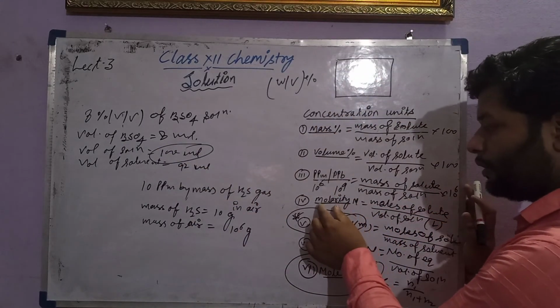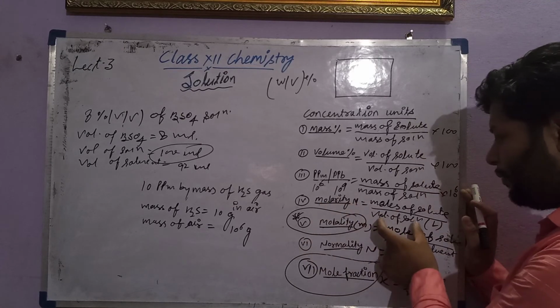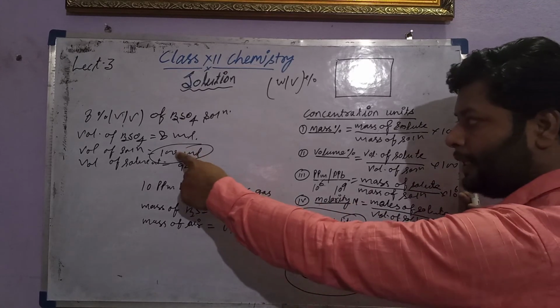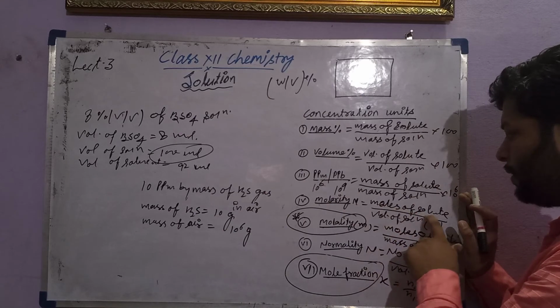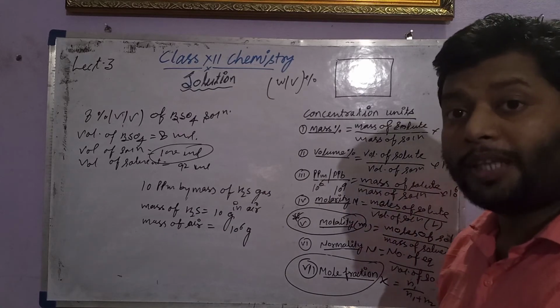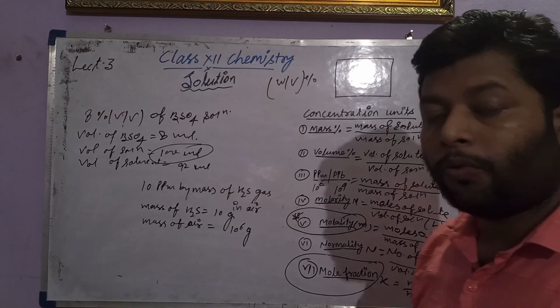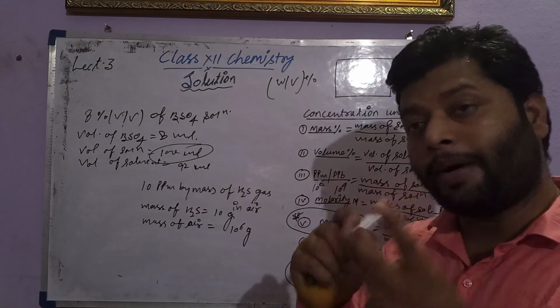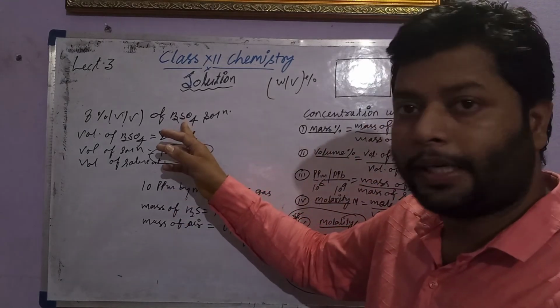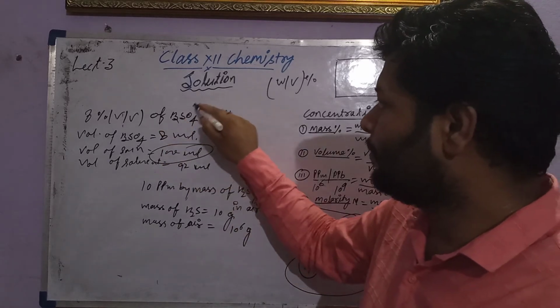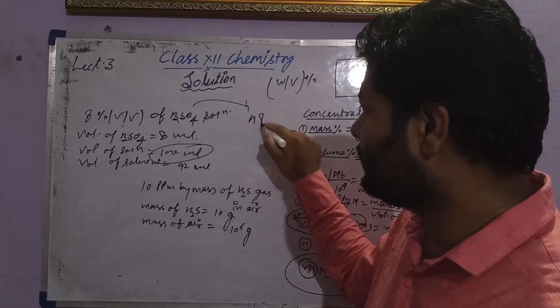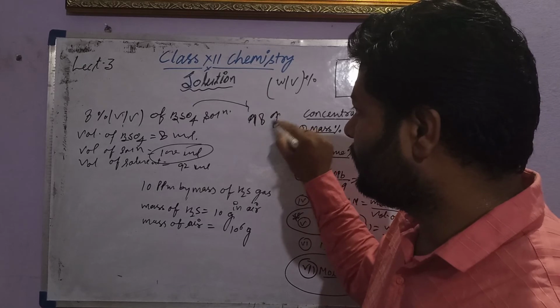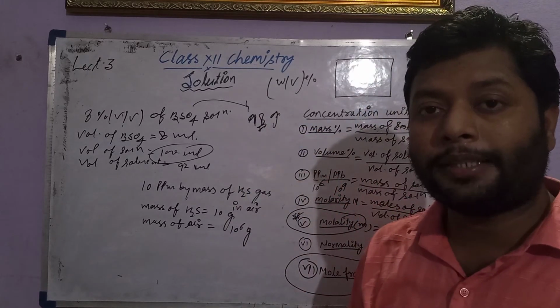For calculation of molarity, we need the volume of solution, which is already given, but we need the moles of solute. And for the moles of solute, we need the mass of solute upon molar mass. The molar mass can be calculated easily. The molar mass of sulfuric acid is 98.